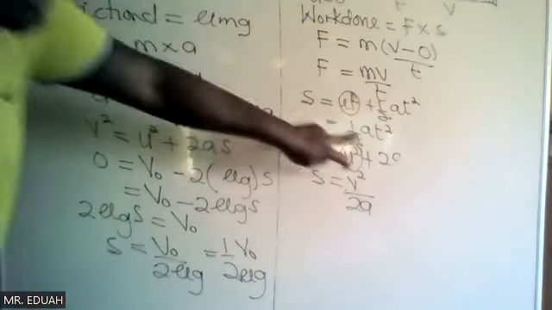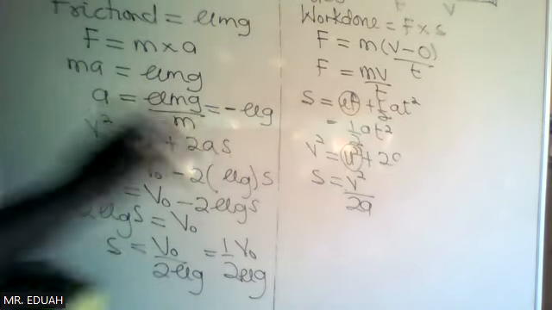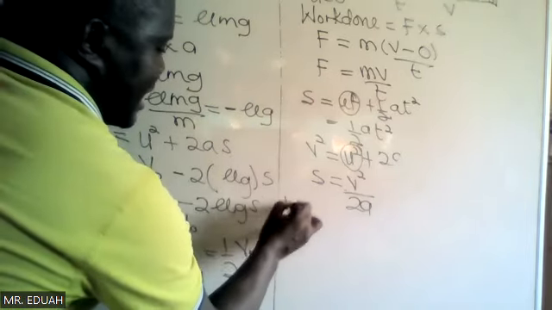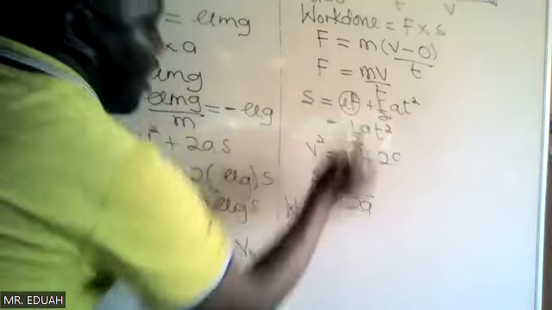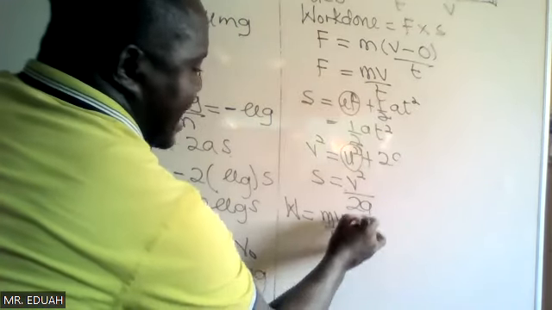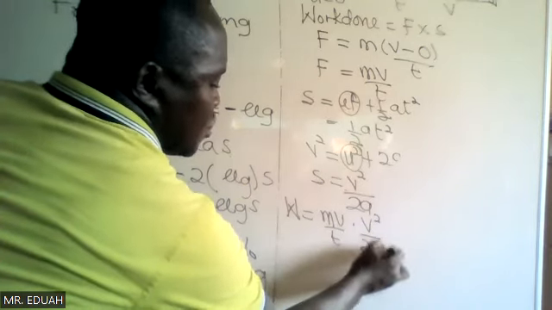Because this can work, but we have to get another expression for a. Okay, let me leave it and then we'll talk about it. So the work done is equal to the force, which is mv on t. The distance is v squared over 2a.